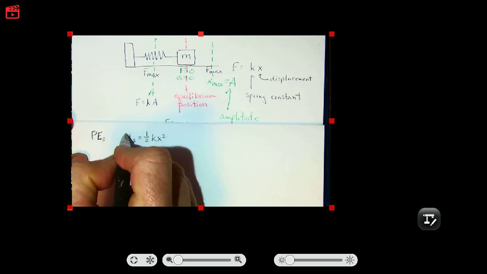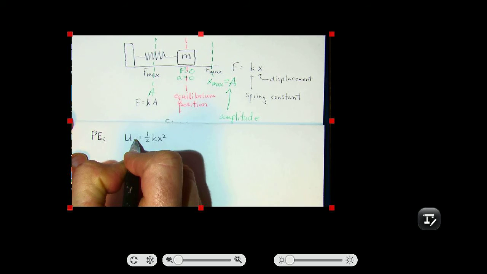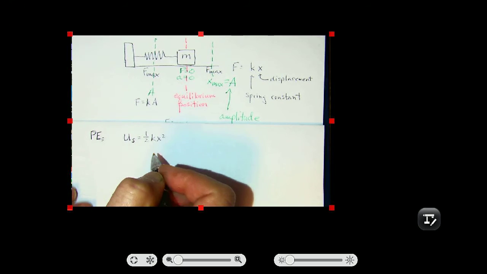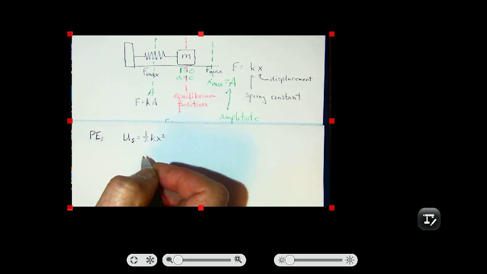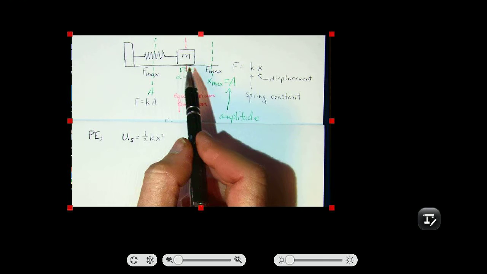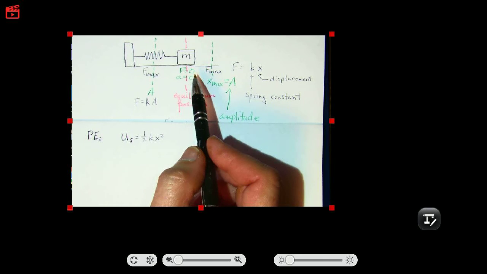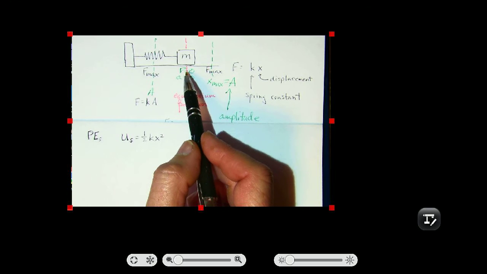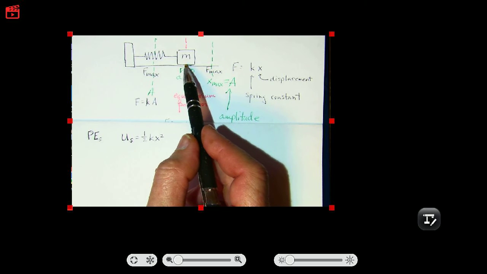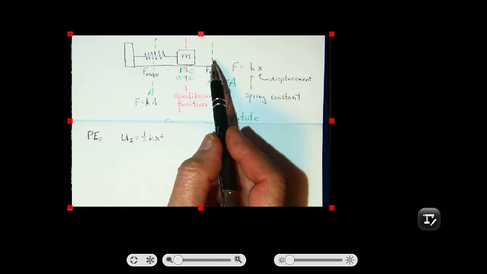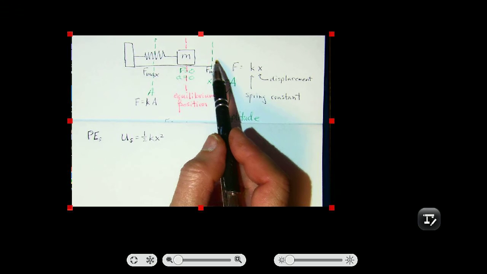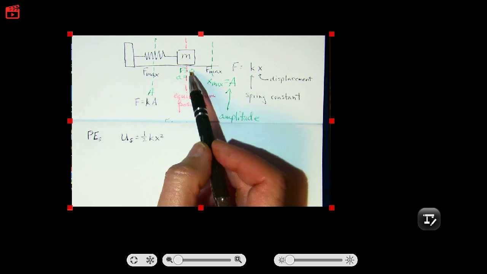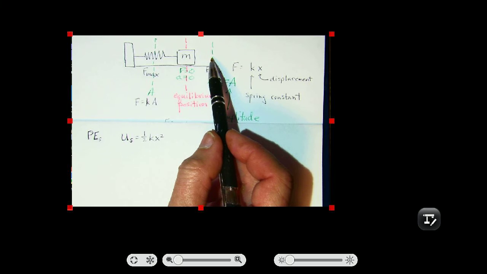So capital U, our potential energy for a spring, is equal to 1/2 kx squared. If we're trying to find the maximum potential energy, I pull this spring out to the maximum position, the amplitude.